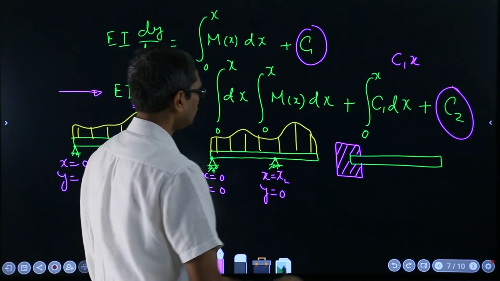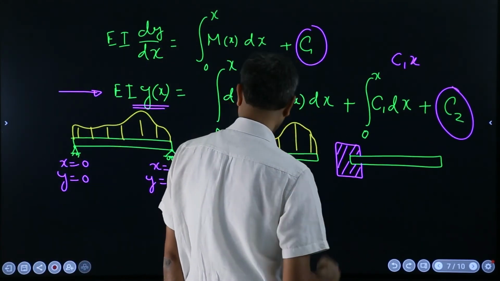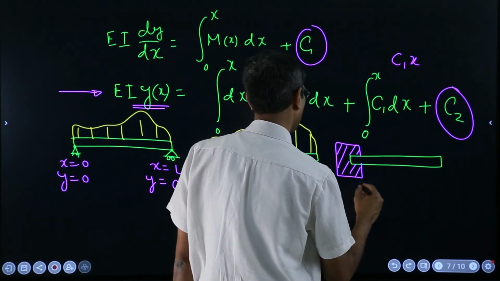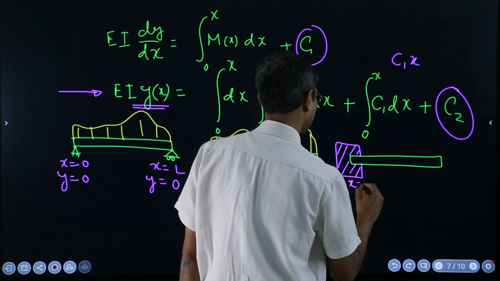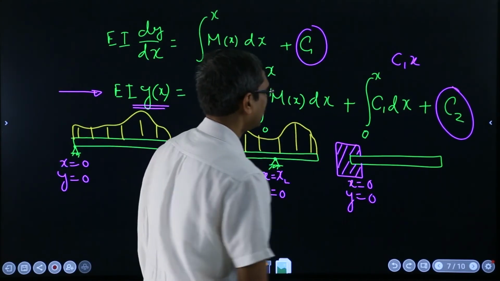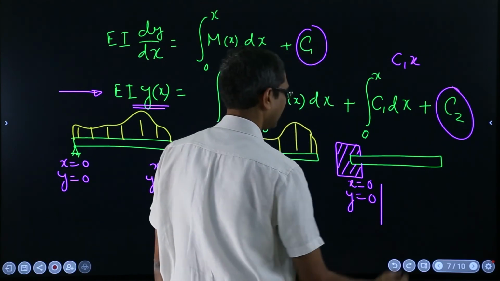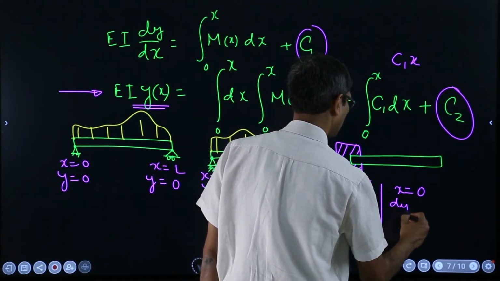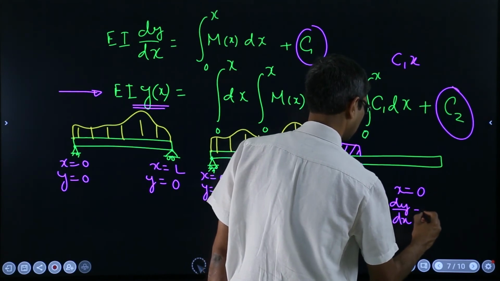Now coming to this sort of thing, what you can do is at x is equal to 0, y definitely is 0, but then the other condition is at x is equal to 0, dy over dx is 0.